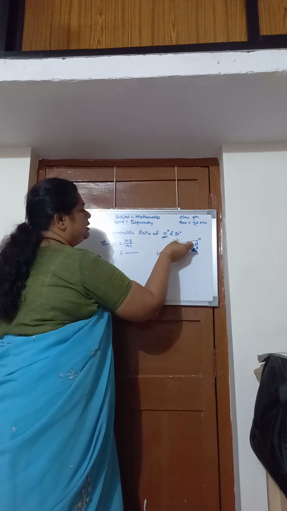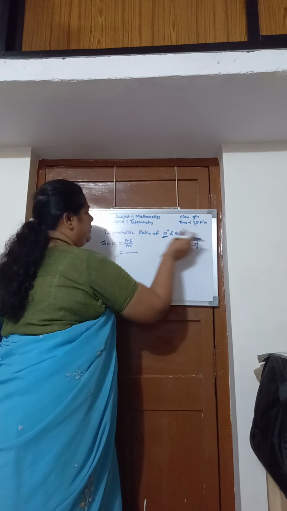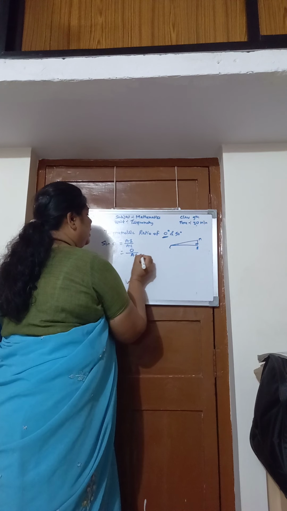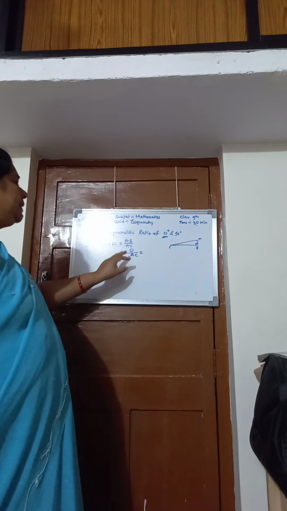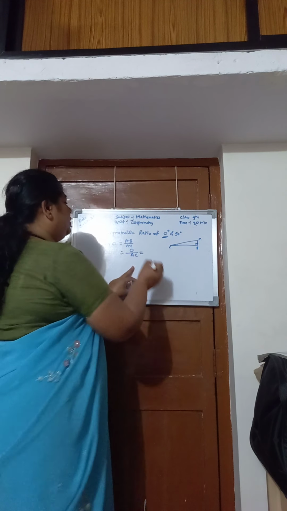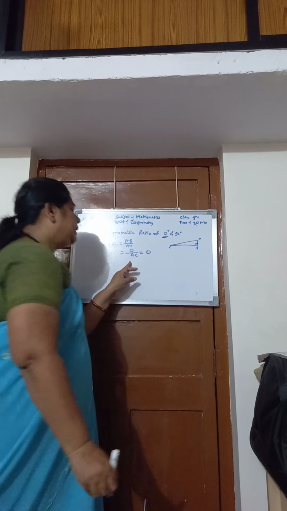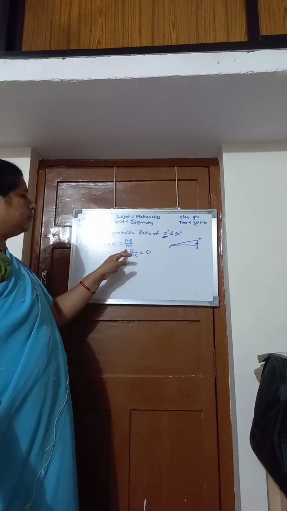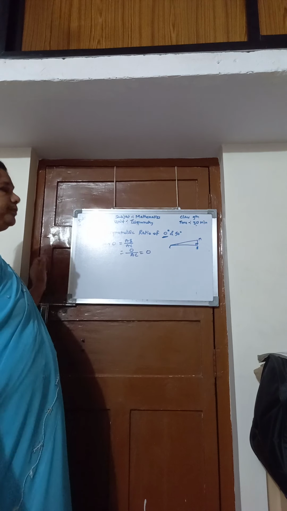If this angle is 0, there will be no AB. Take AB equal to 0 and AC equal to AC. Then 0 upon AC, what will be the answer? 0 upon AC equals 0.